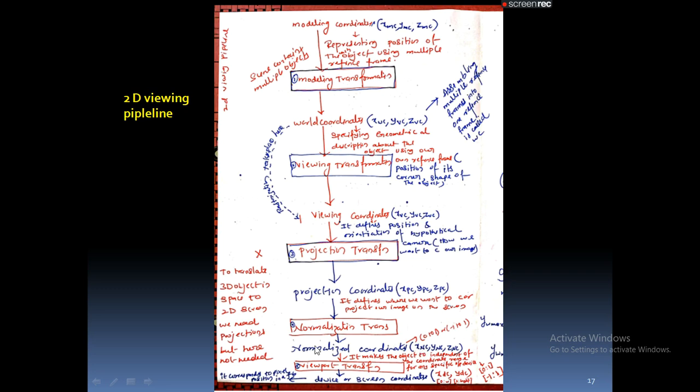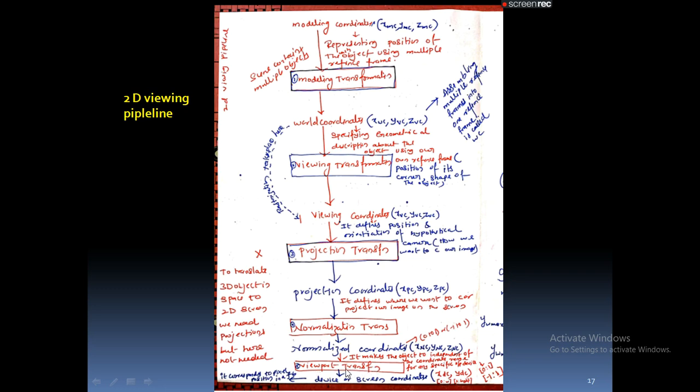After converting projection coordinate to normalization coordinates, the last step is we need to map normalization coordinates to device or screen coordinates with the help of viewport transformations.